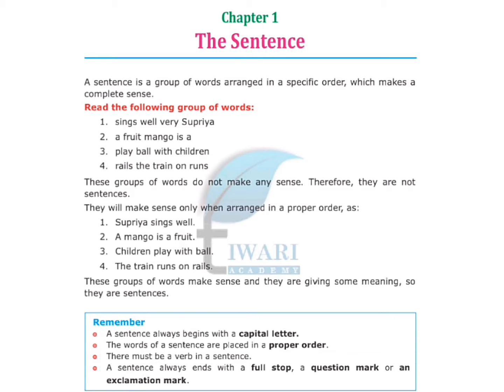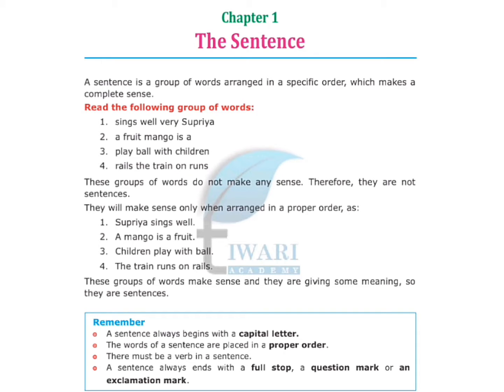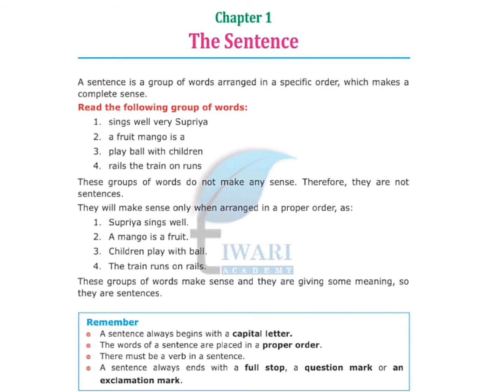Earlier, we have already read the chapter, the sentences, and I have already explained this chapter. Okay, so let's quickly revise this chapter. A sentence is a group of words arranged in a specific order, which makes complete sense. Like: Sophia sings well. A mango is a fruit.